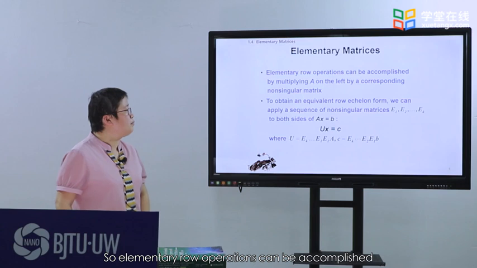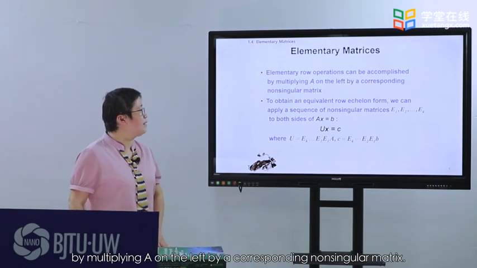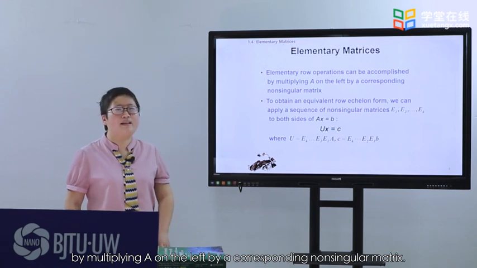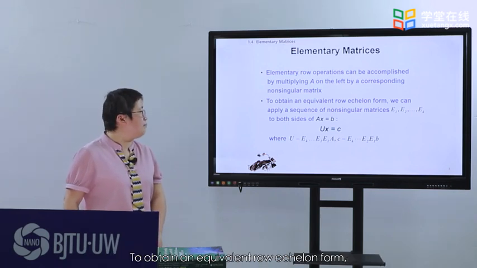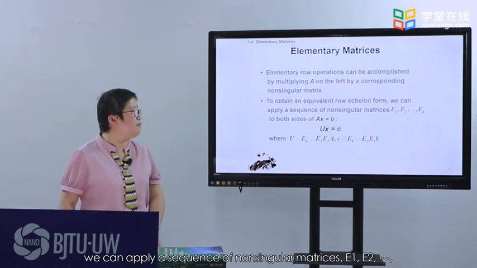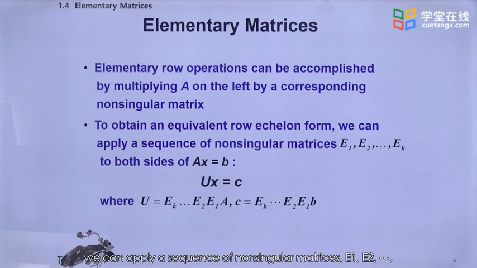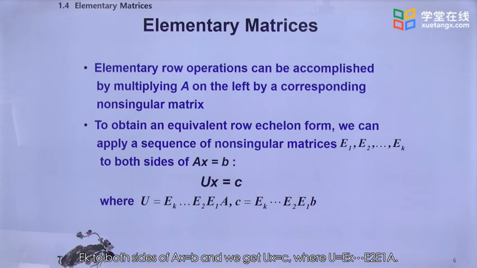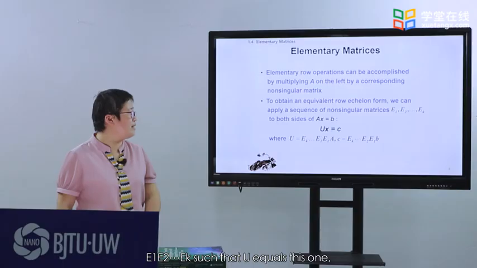So elementary row operations can be accomplished by multiplying A on the left by a corresponding non-singular matrix. To obtain an equivalent row echelon form, we can apply a sequence of non-singular matrices E1, E2 till Ek to both sides of AX equals B. And we get Ux equals C, where U equals Ek times ... times E2 times E1 times A. So we pre-multiply a sequence of non-singular matrices E1, E2 till Ek, such that U equals this multiplication.